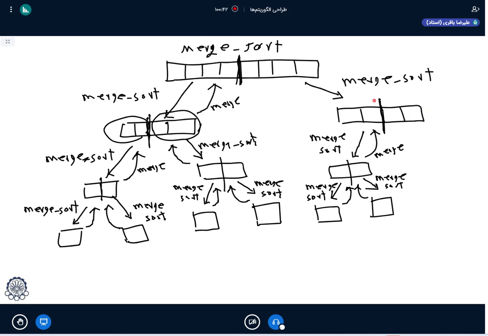In the parent, we have done the calling of merge sort for the first part, and we should do it for the second part.